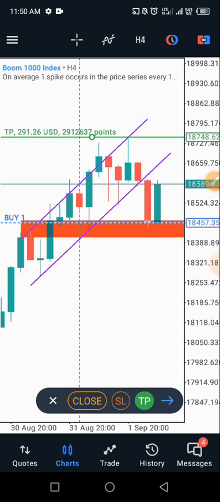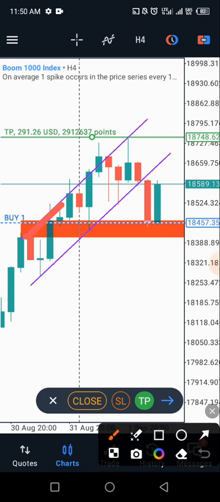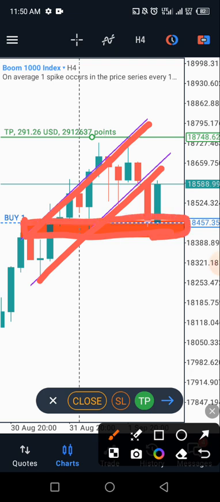This particular strategy is a very simple and powerful strategy for us to identify in the market. If you are able to identify this particular pattern here, just making use of this particular trend line and this red zone here, then we should be able to achieve our take profit level of $300.